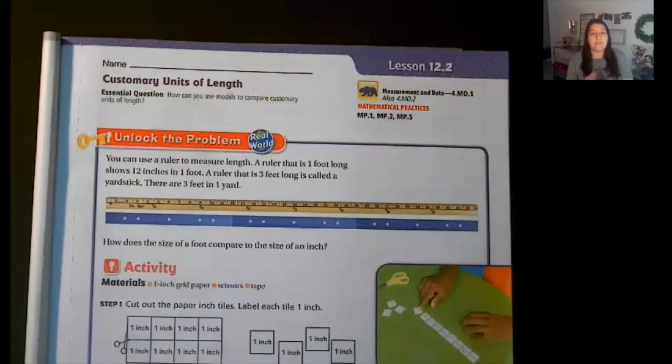Okay, and then we talked about the metric system, and we did the same things there, where we talked about length, mass, which is the same thing as weight, and then liquid volume as well. So now as we go through the rest of this chapter, we're going to be taking a closer look at each of those little categories of measurement.